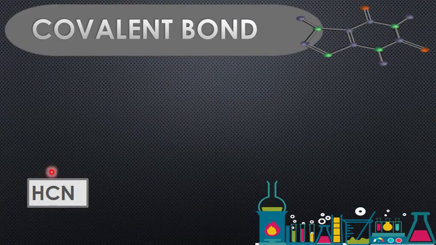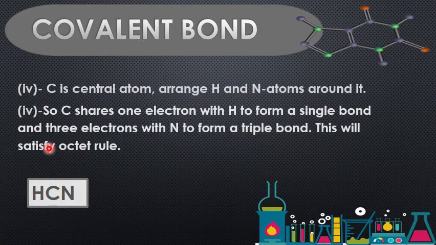So dear students, our next step is, yes, carbon is the central atom, arrange hydrogen and nitrogen atoms around it. So we located the central atom and then we arrange the other atoms around it. Carbon shares one electron with hydrogen, because hydrogen can have only one electron sharing capacity to complete its duplet, and nitrogen has three electrons to be accommodated in its valence shell, so it will make 3 bonds with carbon.